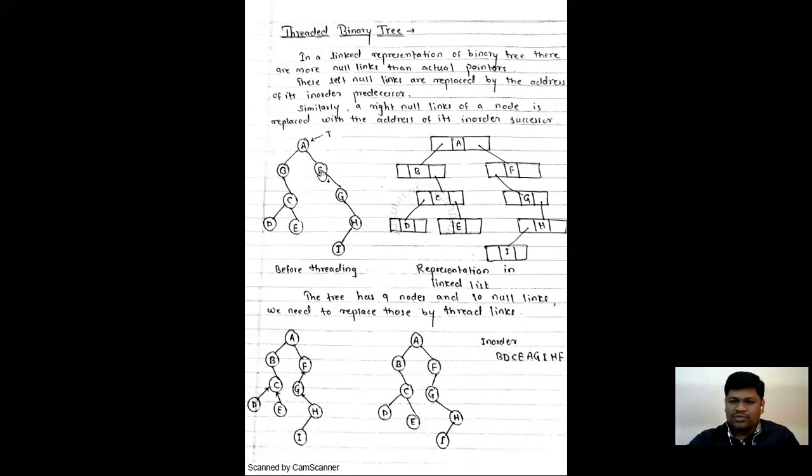Here we are missing something. First B, after that A, after A. We have considered F, but here we have to check the left pointer. Is left available or not available? We are coming to G. Left is available here.